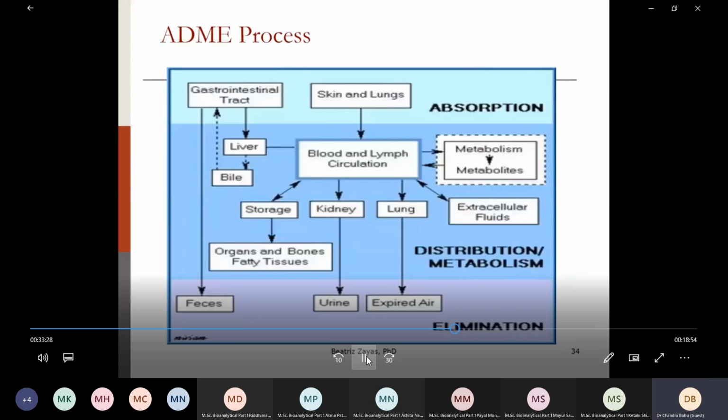Then comes the distribution: what happens with the substance, how it starts moving around the body. It will go through the different organs once it gets into the blood system or the lymph circulation, and it will interact with different organs all around the body, including fatty tissues and bones, until it's transformed.